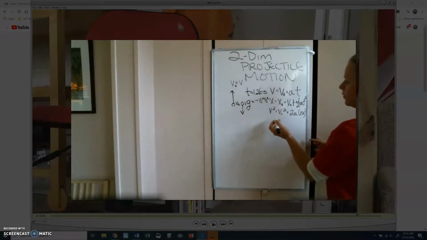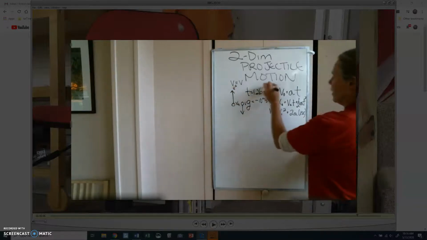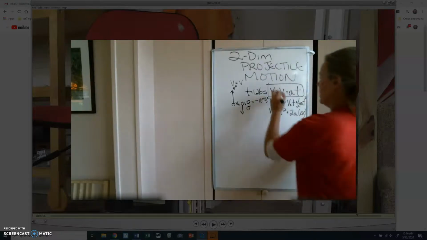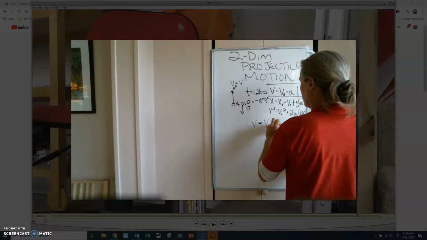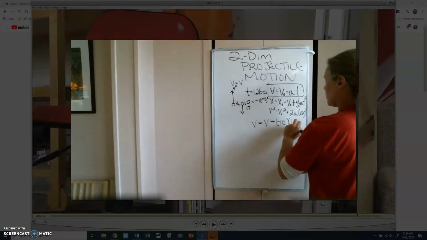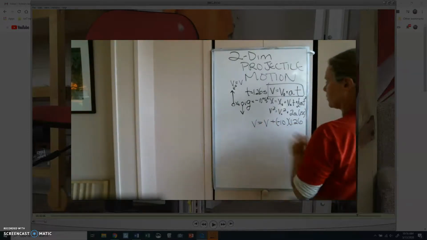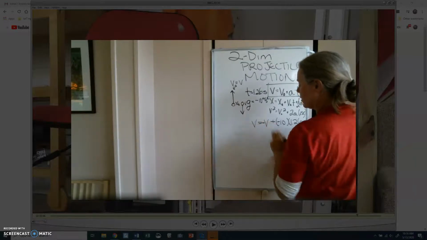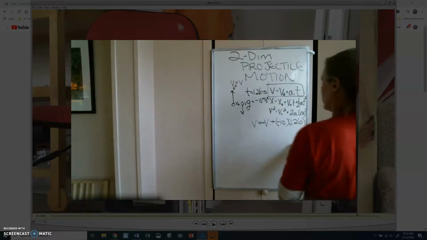If I'm going to try to find out my initial velocity, I'm going to use this equation because these two are the same. So I've got V equals V plus the negative 10 times 1.26. Oh, and also, this direction is down. Sorry, I almost forgot that. So how do I work this out?